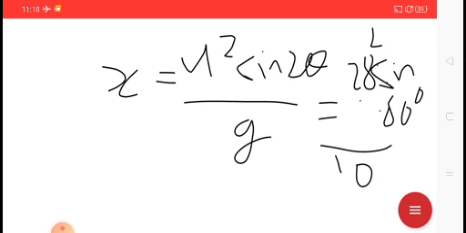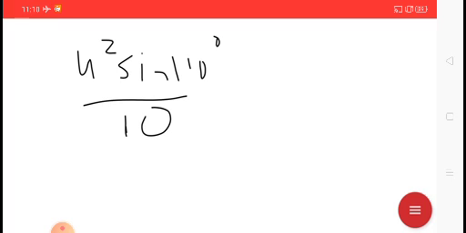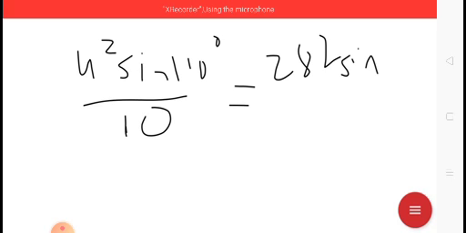For the second stone, you have an initial speed of u and the angle is 55. Okay, let me clear it, not enough space. For the second stone, you have u square sine 110 over 10. Right, and you know that the range is the same, so you can put it equal to 28 square sine 80.